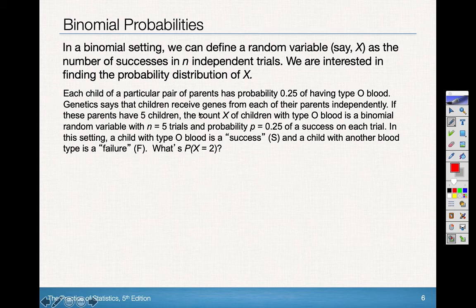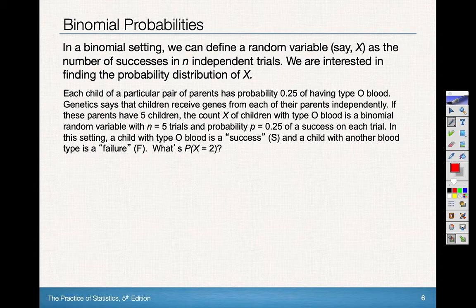Genetics says that children receive genes from each of their parents independently. If these parents have 5 children, the count x of children with type O blood is a binomial random variable with a fixed number of trials, 5, and fixed probability of success, 0.25. Independence, yes, it is stated.